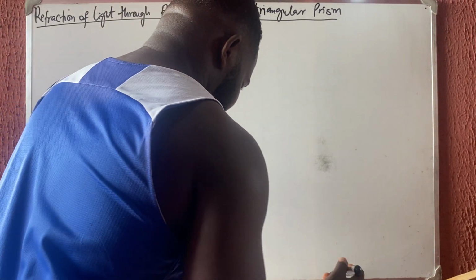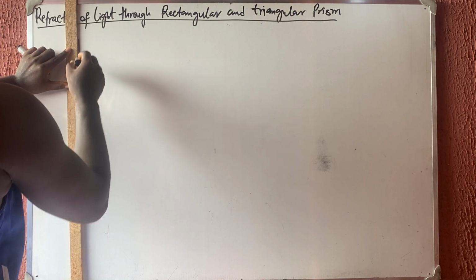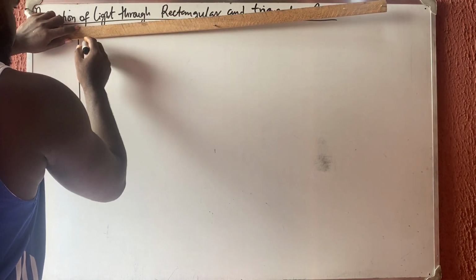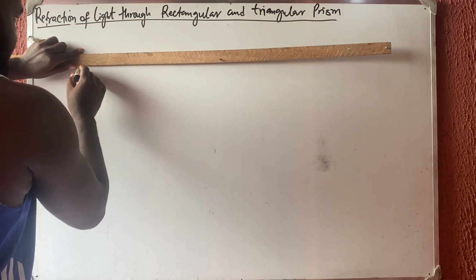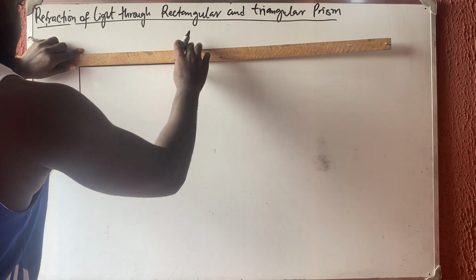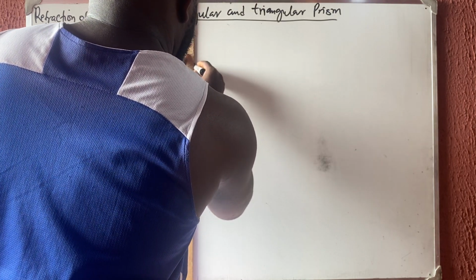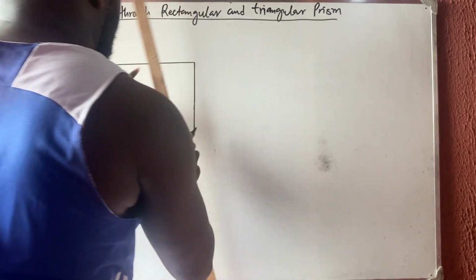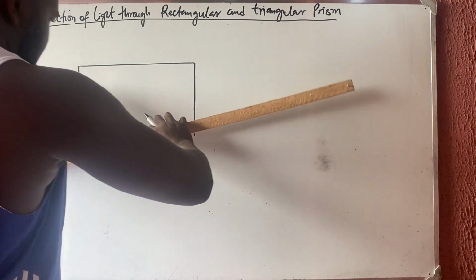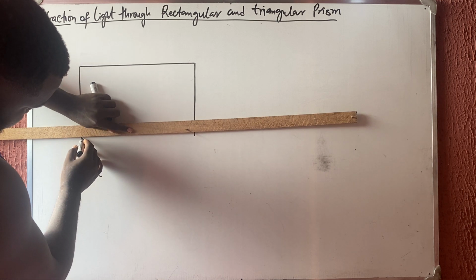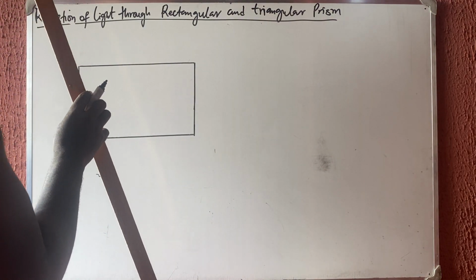Now, let me have a rectangle like this. Let's assume that this is a rectangular glass block.